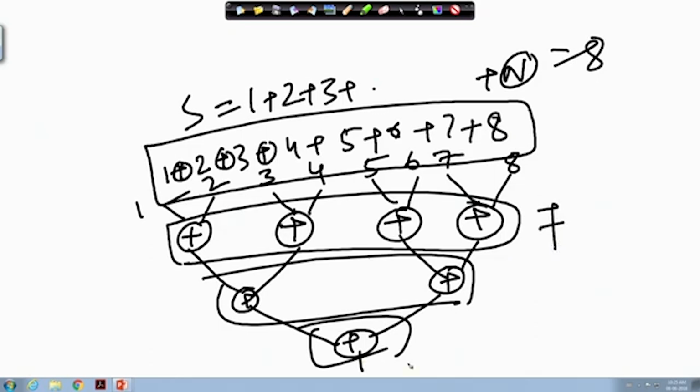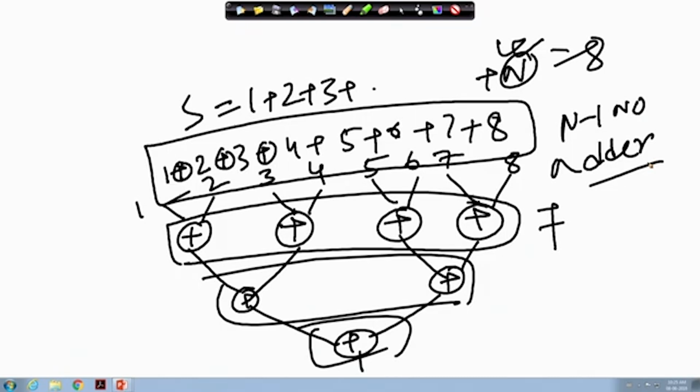So, for any n number addition in this particular fashion, I need n minus 1 adders.